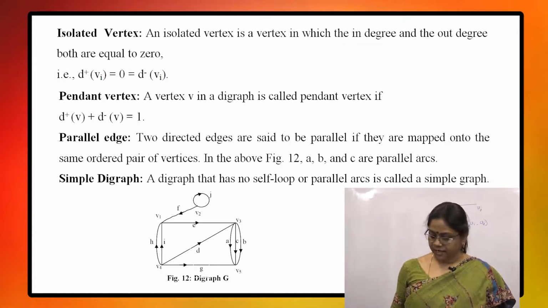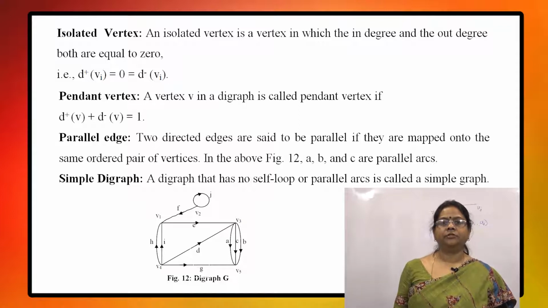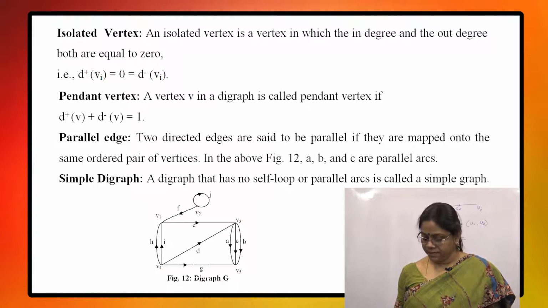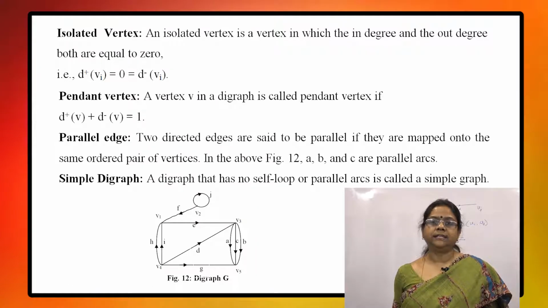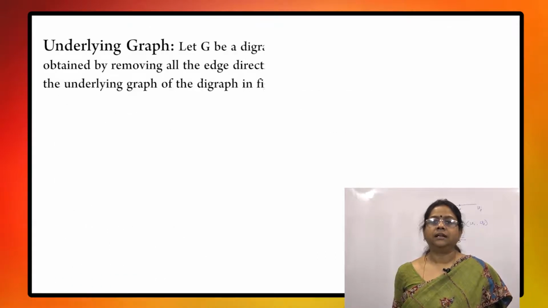In the same way as in an undirected graph, we define here a simple digraph, which has no self loop or parallel arcs. And if we remove the directions of all the edges from a digraph, we will get an undirected graph, which is called the underlying graph.